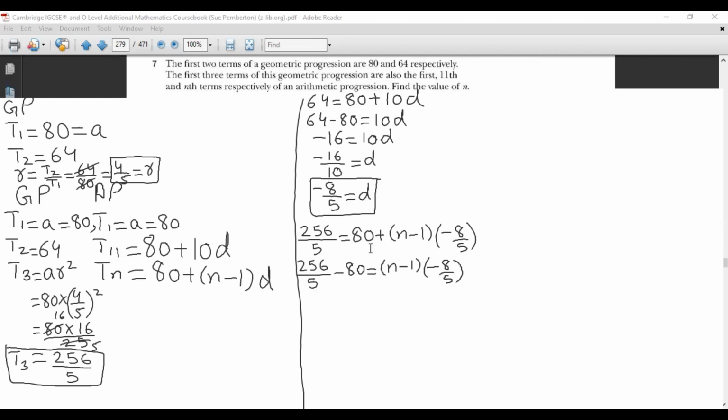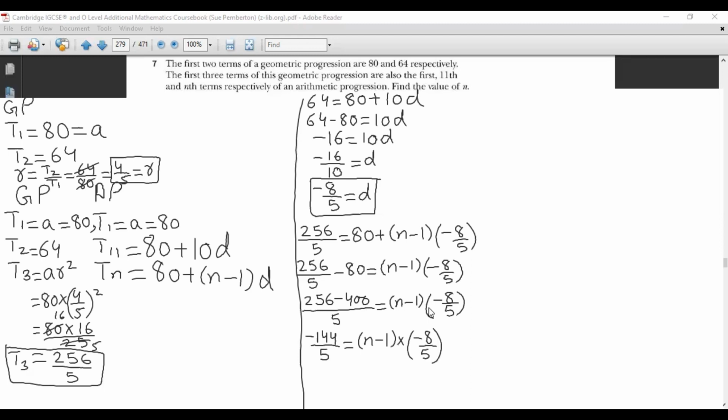I will take the LCM over here. So this becomes 256 minus 400 over 5 equals n minus 1 into minus 8 over 5.